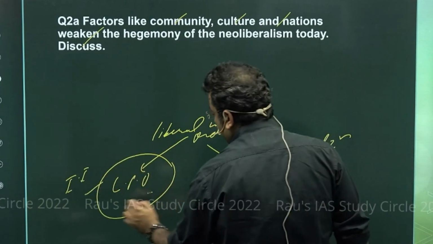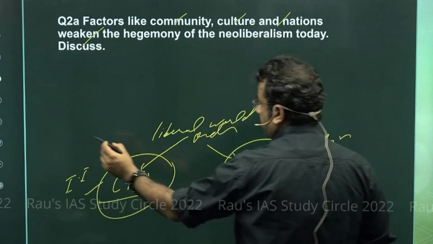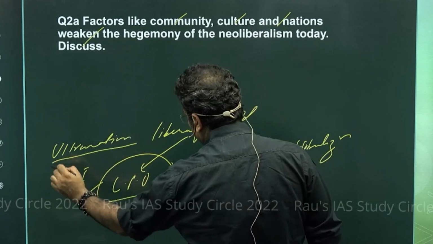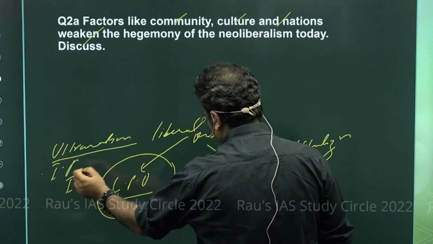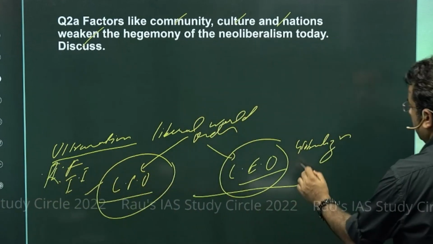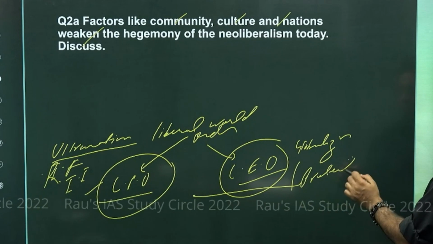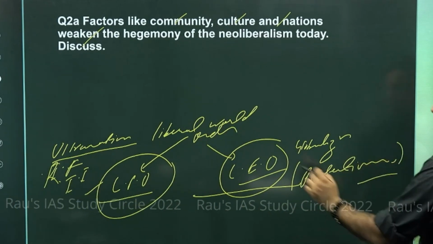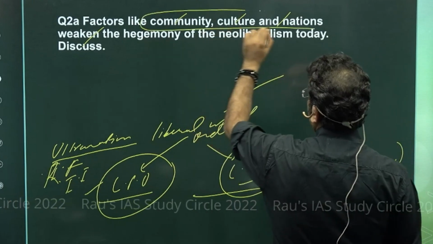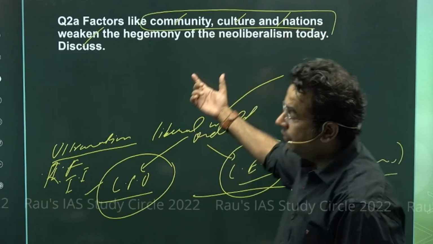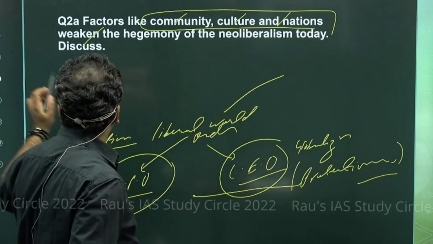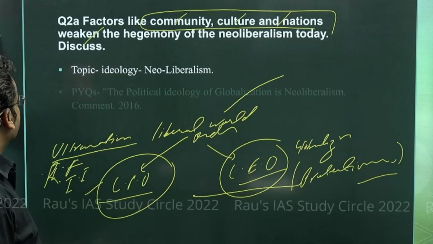Both have come under threat recently because of ultra nationalism the world over, right-wing leaders in power, Islamic fundamentalism, or better to use the word religious fundamentalism, then protectionism. All these forces are weakening the liberal world order. That's how ultra nationalism and cultural forces weaken neoliberalism. The rest you can read in the model answer.